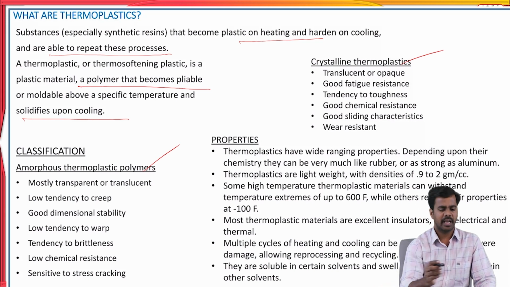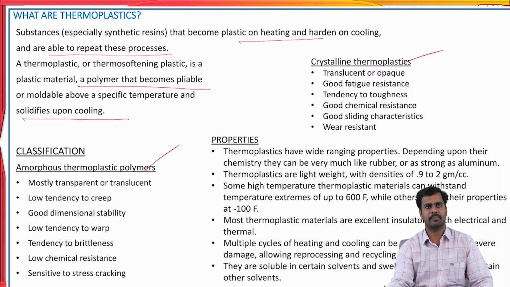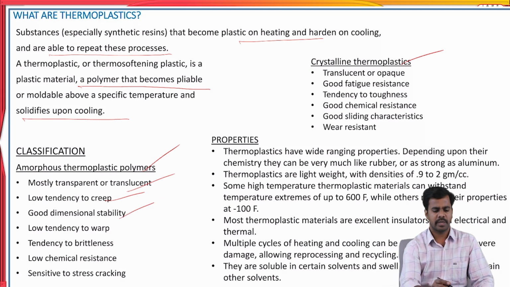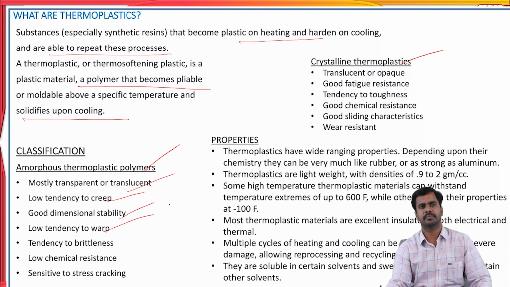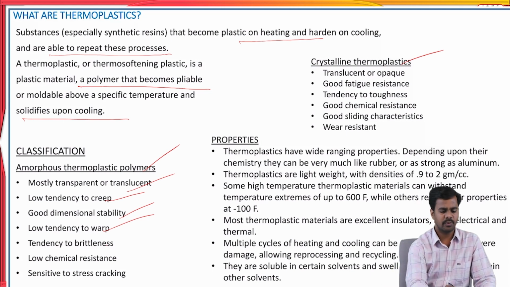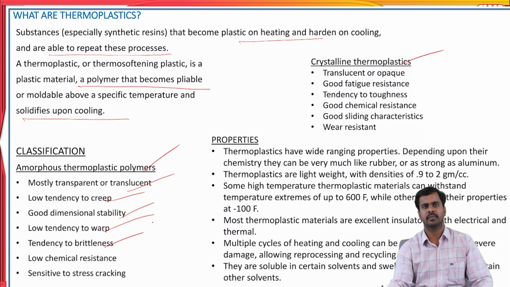Coming to the amorphous thermoplastic polymers, these are mostly transparent, with low tendency to creep, good dimensional stability, low tendency to warp, tendency to brittleness, low chemical resistance, and sensitivity to stress cracking.